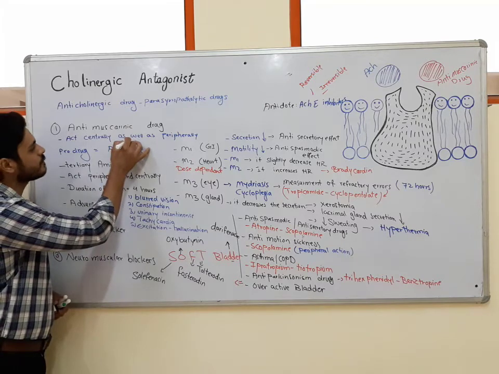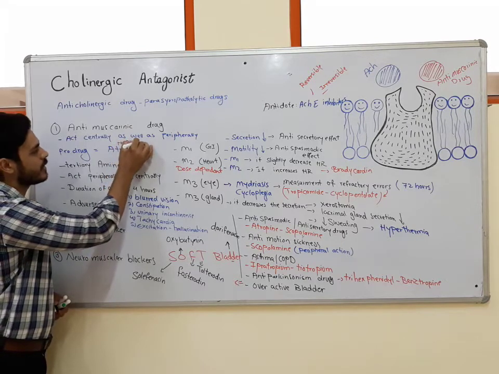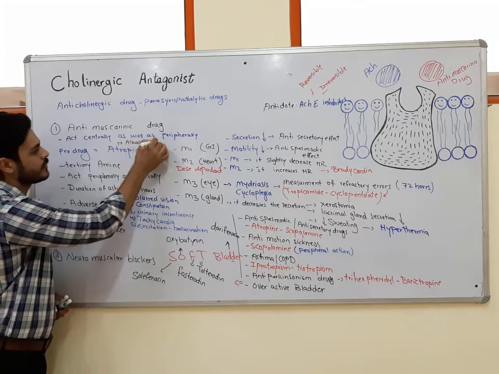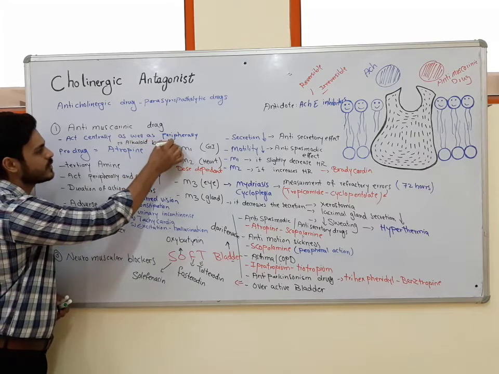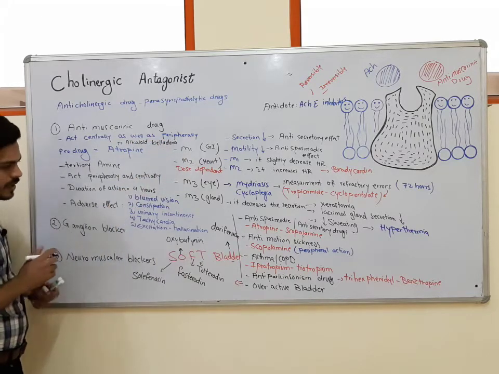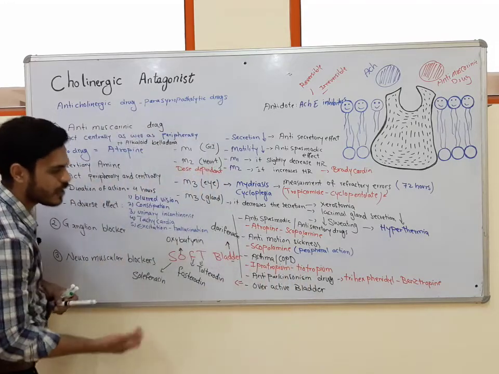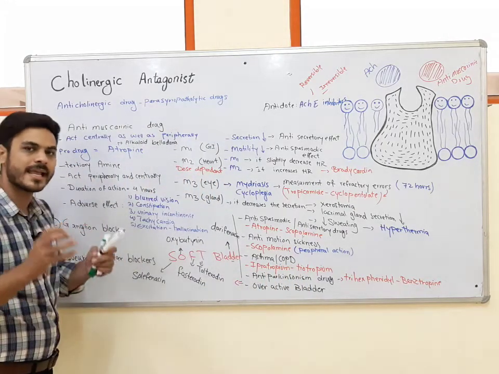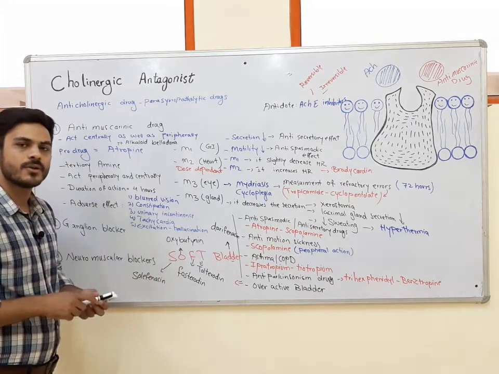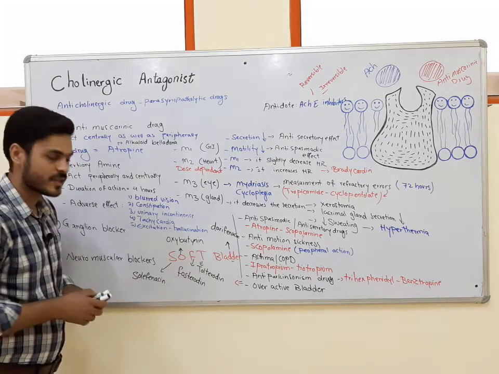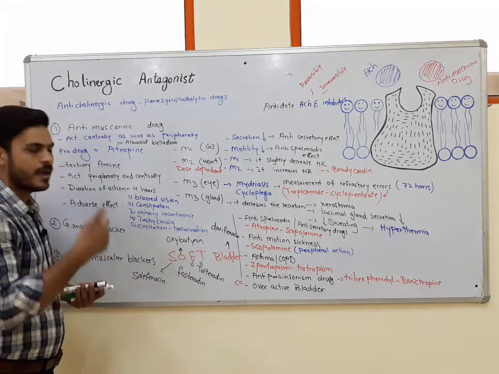We can obtain it from alkaloid belladonna. So this is a natural drug. But ipratropium and tiotropium are synthetic drugs which have positive charges and they cannot enter the CNS. So they cannot show central effect and they have only peripheral effect.